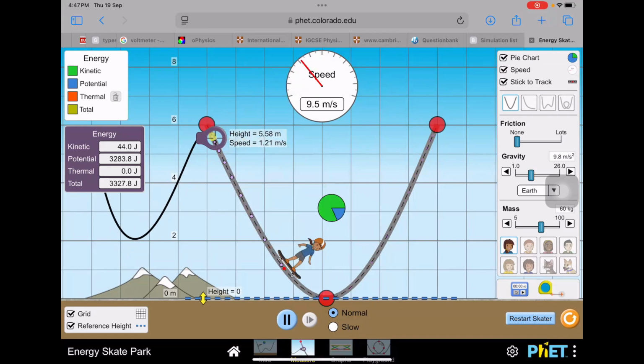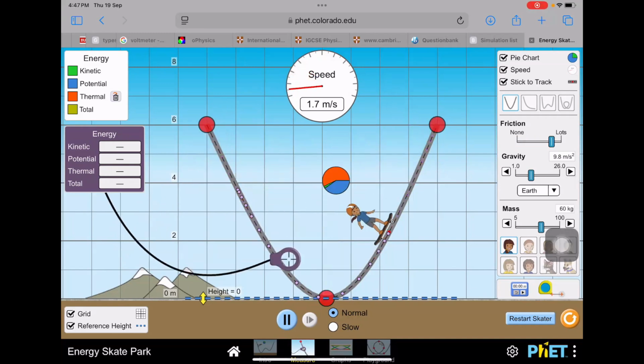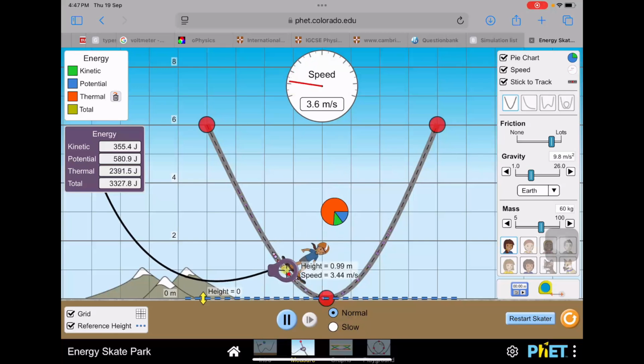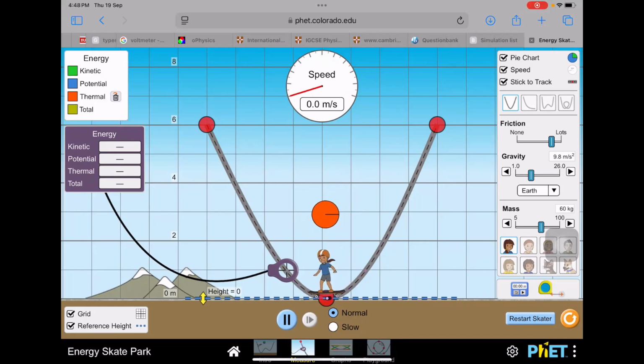When it is dropping down, its kinetic energy is increasing, and so is its speed. If I keep the friction on, then its energy will keep decreasing. You can see the thermal energy increasing in that graph as well, and eventually it comes to rest.